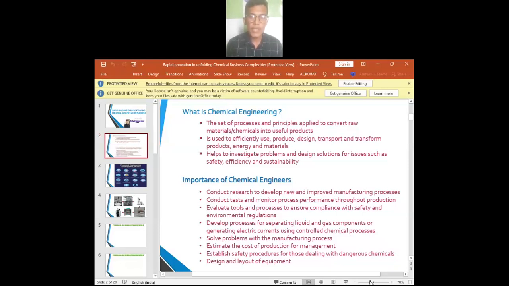They solve problems with the manufacturing process. Some of the problems are optimization of production process, optimization of production parameters such as temperature, pressure, flow rate, time, etc. Choosing suitable equipment for the production process. They estimate the cost of production for management and safety procedures for those dealing with dangerous chemicals, such as standard operating procedures.